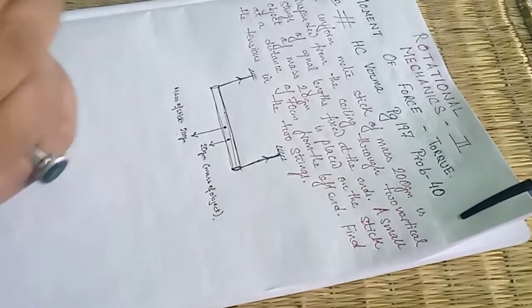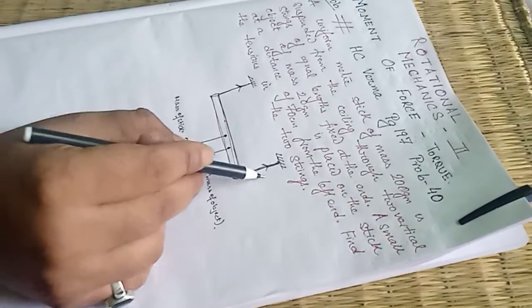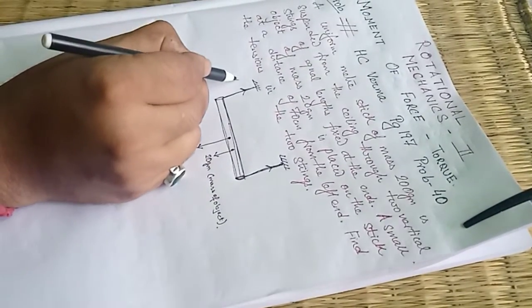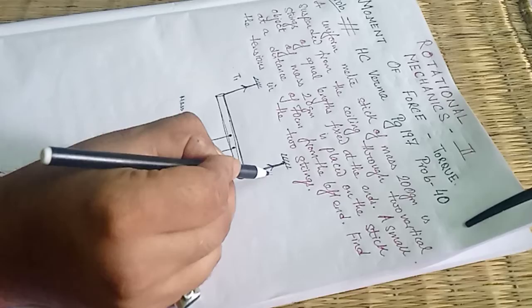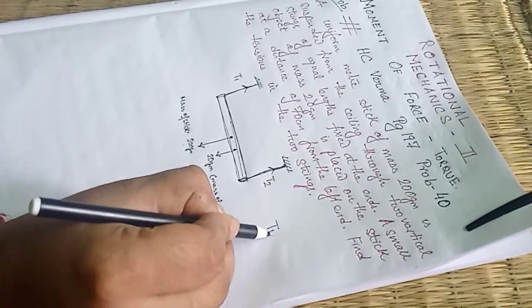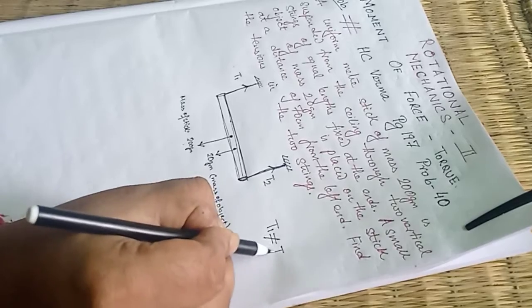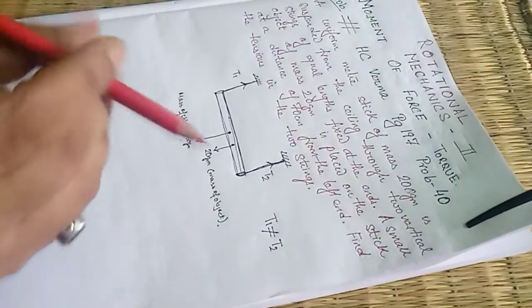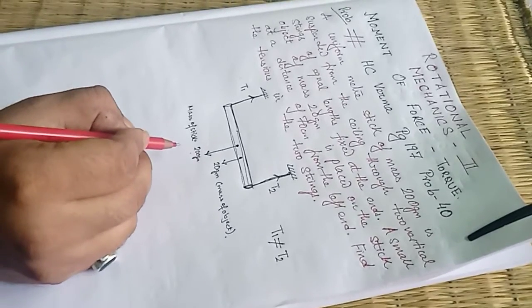So the tensions in the two strings can never be equal. If I call this T1 and this T2, we have to remember that T1 is not equal to T2.